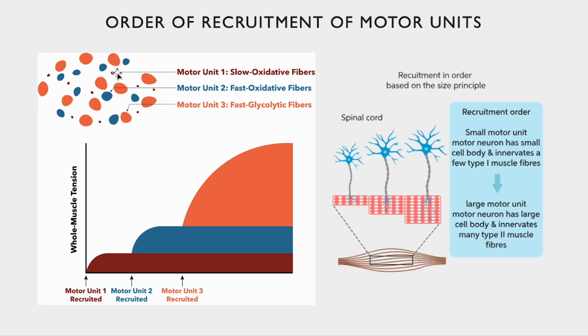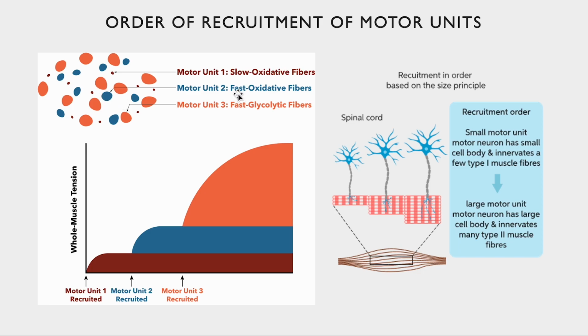Okay, we have here a representation of tiny motor units. Okay, let's call them motor unit number 1. They contain more slow oxidative fibers, the type of muscle fiber that we call type 1, that mostly perform aerobic respiration. They depend on a constant supply of ATP. Notice that they are small motor units. Then we have in blue, okay, motor units that are larger, but not as large as the motor unit 3.